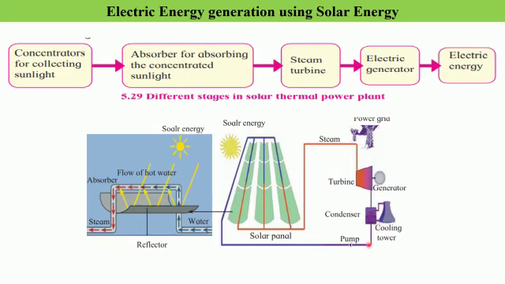And this water can be again pumped and it can be again circulated so as to get heated up once again and get converted into steam so as to produce electrical energy. So this is a solar thermal power plant where heat radiations of the sun are used and electrical energy is generated.